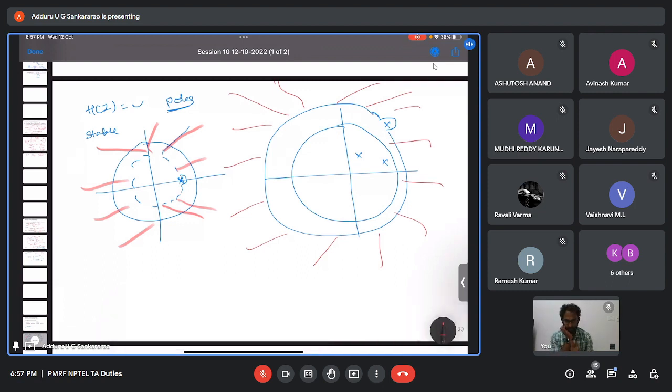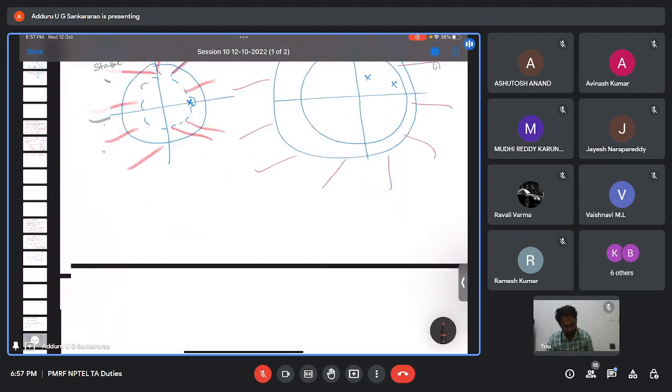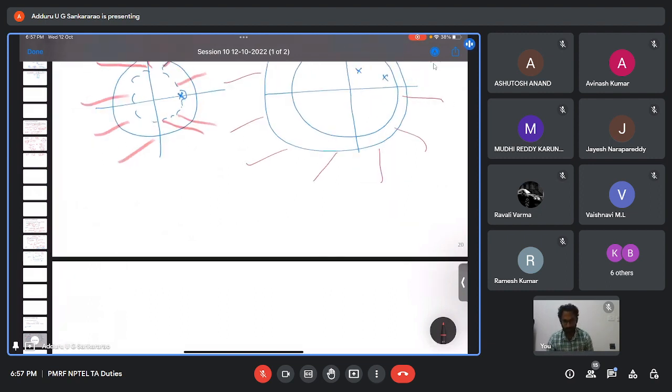For a stable system, the ROC should include the unit circle. For a causal system, the ROC should be outside of the outermost pole. So a system is stable and causal only when all the poles lie inside the unit circle.